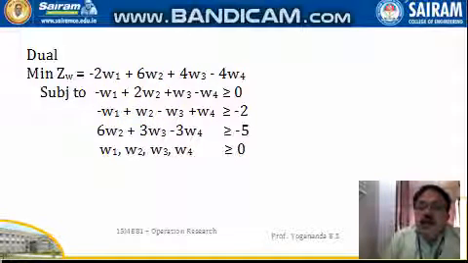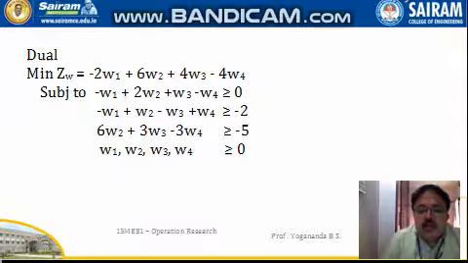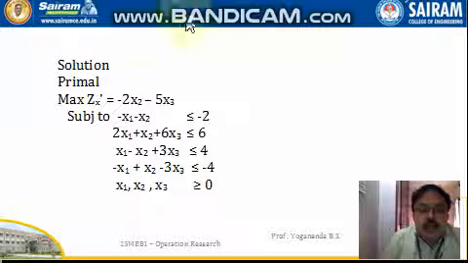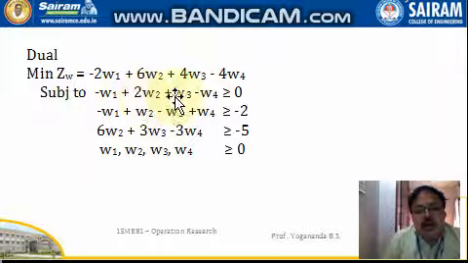Then here we have 1, 2, 1 and minus 1, so we use them here: minus 1, 2, 1 and minus 1 with the variables W1, W2, W3, W4.